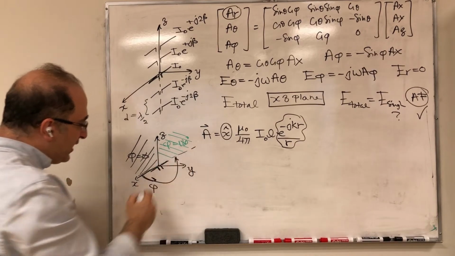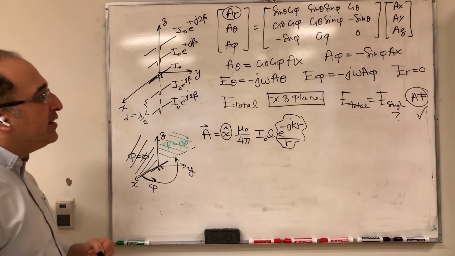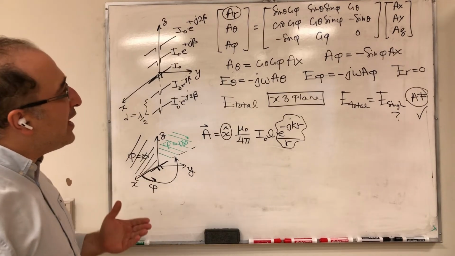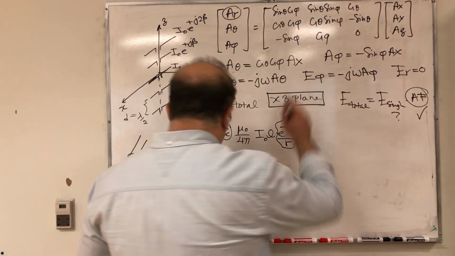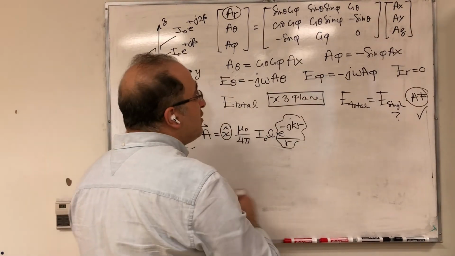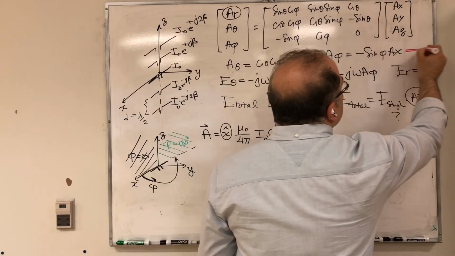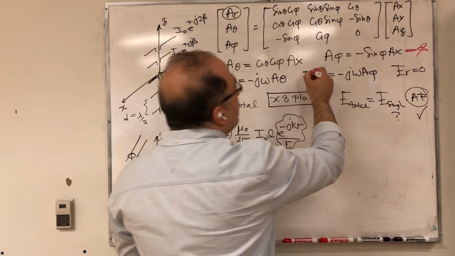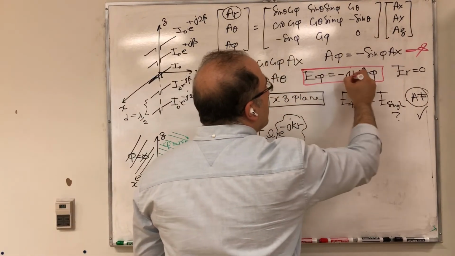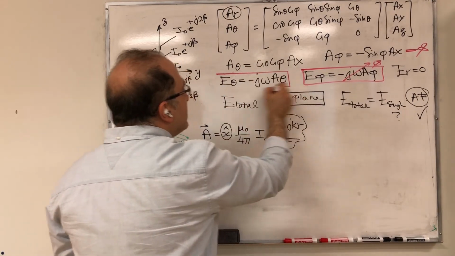So if you are on the XZ plane, phi is either 0 or 180. So based on that, you see that if phi is 0 or 180, A phi is going to be 0, because sine of 0 and sine of 180 is 0. So if A phi becomes 0, therefore E phi also becomes 0. So the only thing that remains is this one.